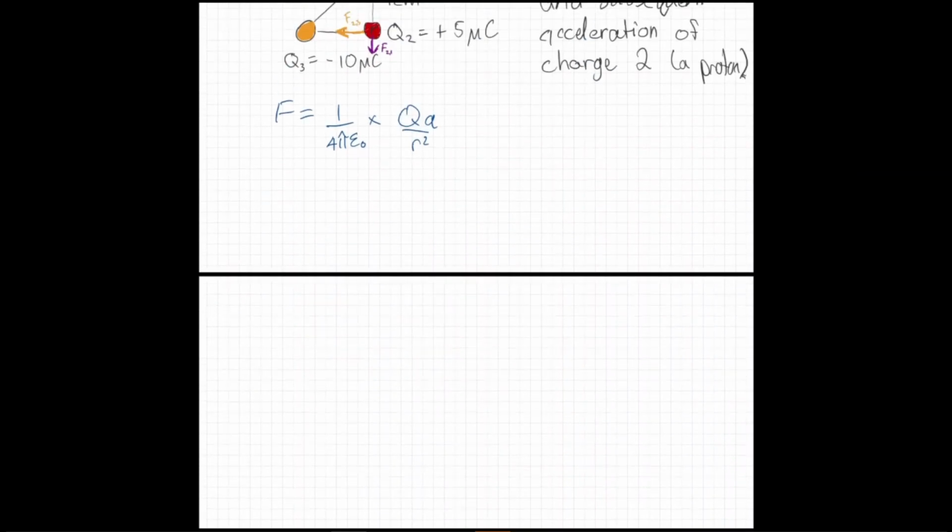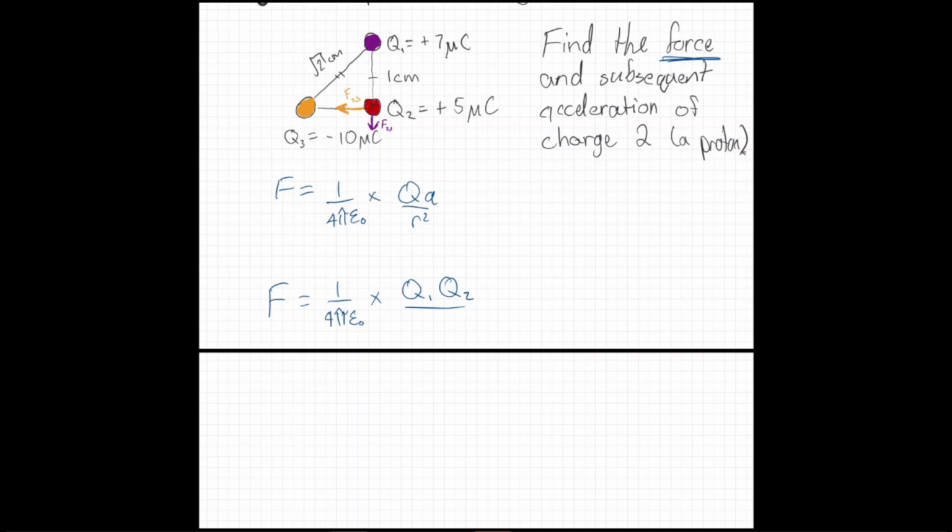So we're going to have two formulas. Q1, Q2 over the radius between Q1 and Q2 is 1 centimeter, so that is 0.